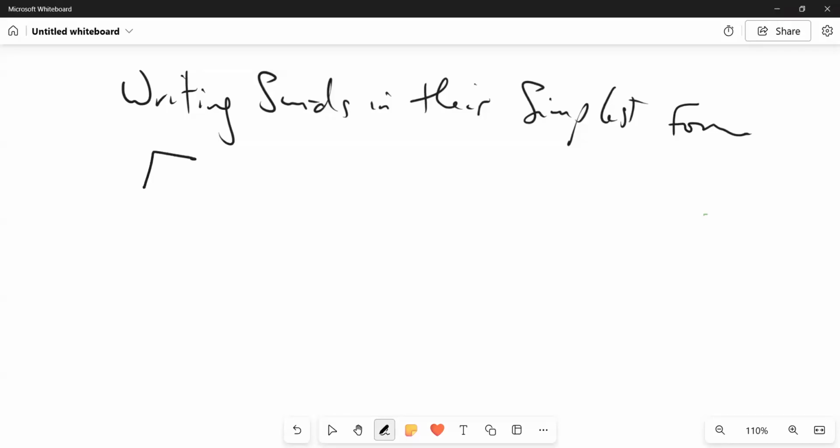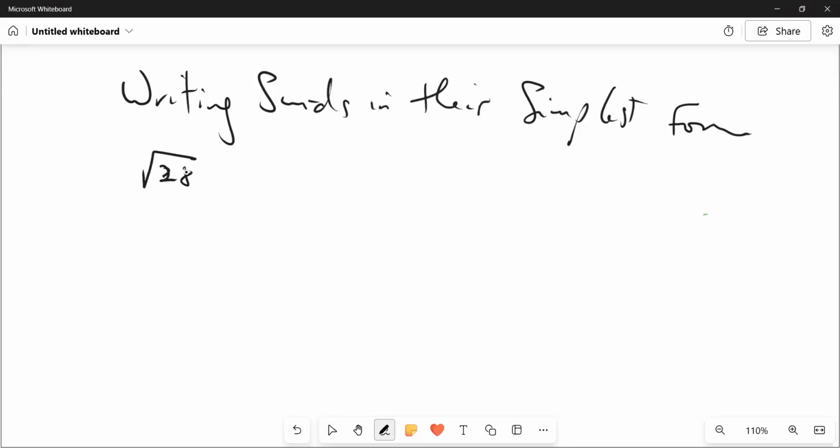You have something like this, root 28. What you want to do with a number like this is see if there's any perfect square that is a factor of that number. And indeed there is, right? You notice 4 multiplied by 7 will give you 28.